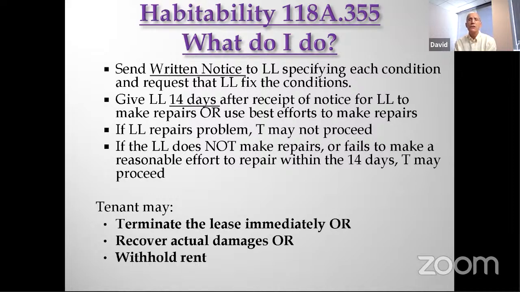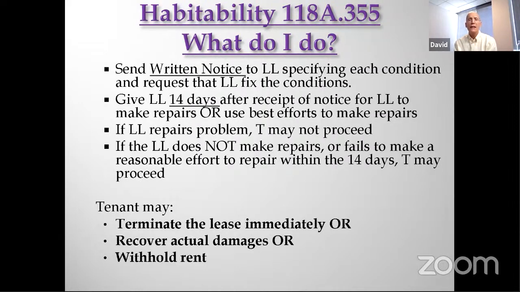I've got a leaky faucet and my toilet overflows. I'm asking you, landlord, to fix those problems within 14 days. If you fail to fix those problems, I'm going to terminate the lease agreement, recover actual damages, or withhold rent. Those are your remedies under NRS 118A.355.